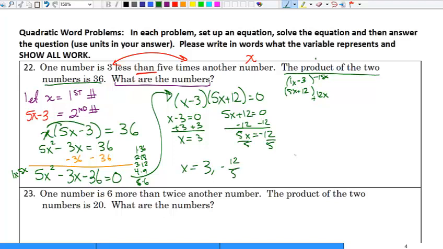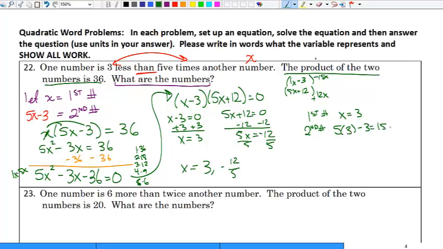Okay, now both of these are x values. Do you remember what x values are? The x value, we wrote it over here, is the first number. So let's say the first number is x equals 3. Well, what would be the second number? We would have to find that by plugging in 5 times x minus 3. Who's the x? 3.